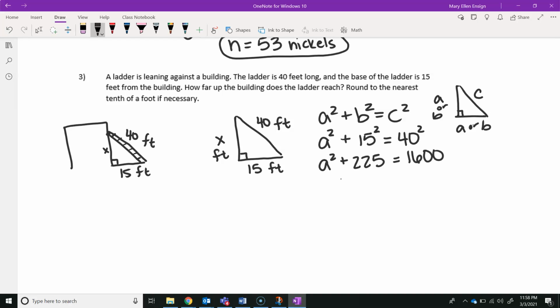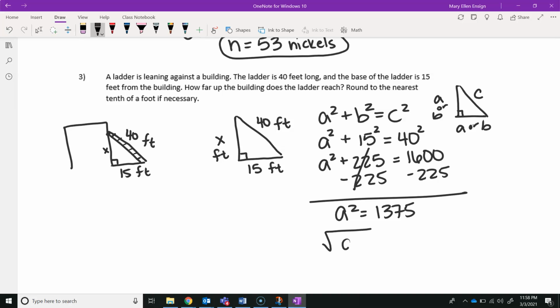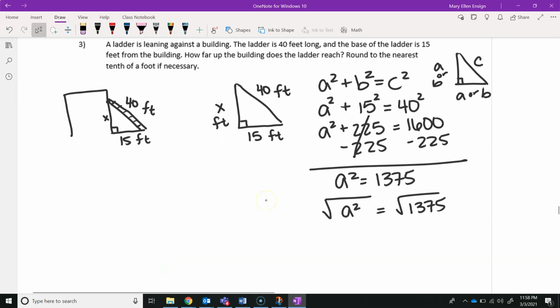So I'm going to subtract 225. a squared equals 1600 minus 225, which is going to give me 1375. And then I'm going to take the square root. So I'm going to take the square root of a squared and the square root of 1375. And on the left-hand side, that is going to cancel out the square and the square root. So I'm going to have a equals, and then I'm going to take the square root of 1375.